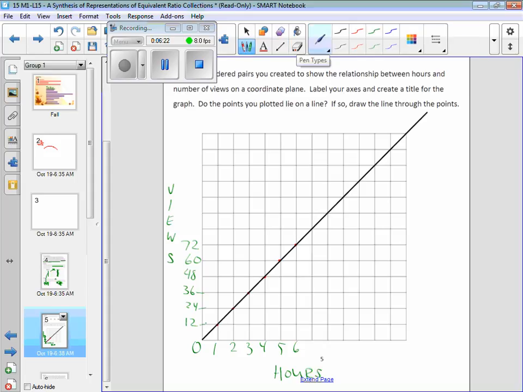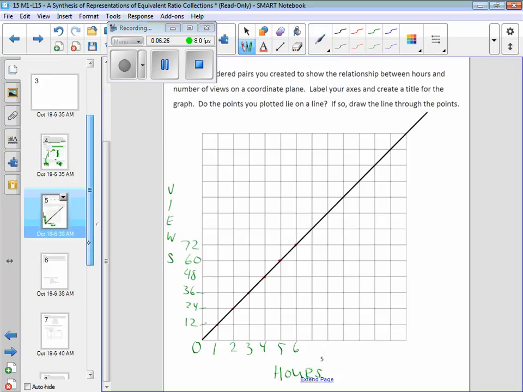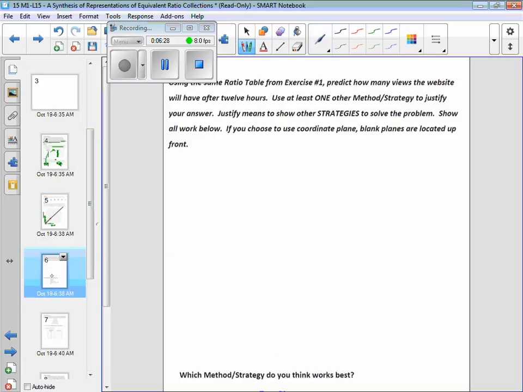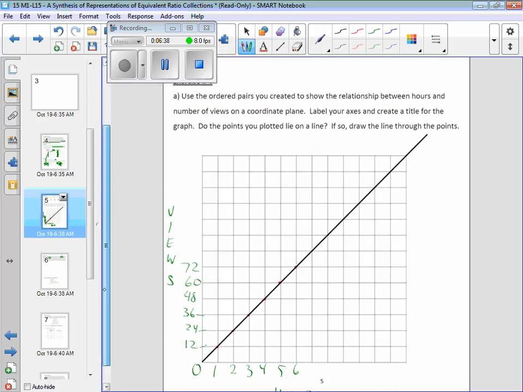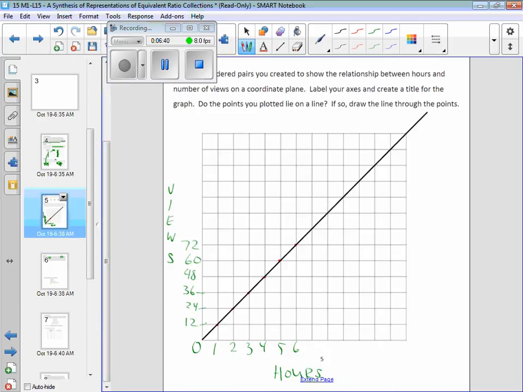And then looking ahead, when you get to the next page, it asks you to figure out, using the coordinate plane as your model, how many views after 12 hours. So I'm going to continue counting for hours, but I could take a little bit of a shortcut.